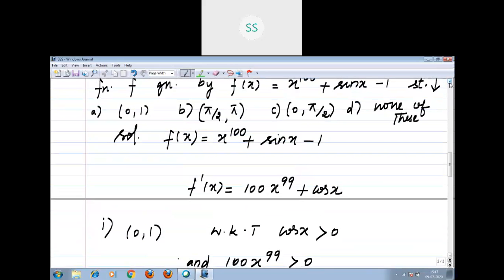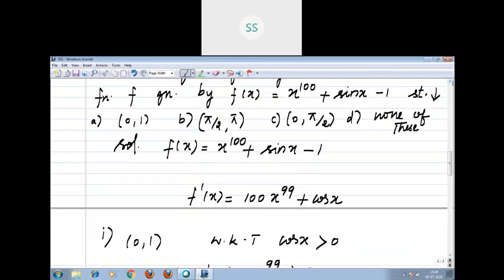None of these. So what is your conclusion at the end? In all the three intervals, the function is strictly increasing. What they are asking in the question is in which interval the function is strictly decreasing. So the fourth option is correct, right? We are going to write the answer, option D. Why it is correct, for that I gave a reason here, right, children?